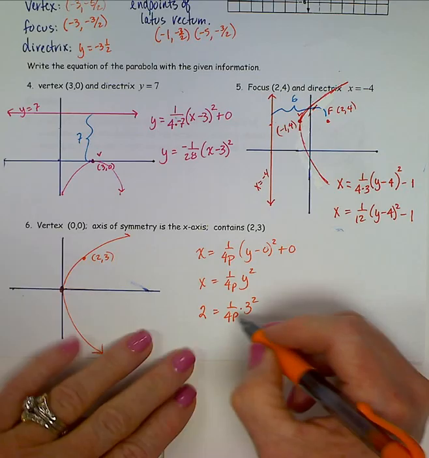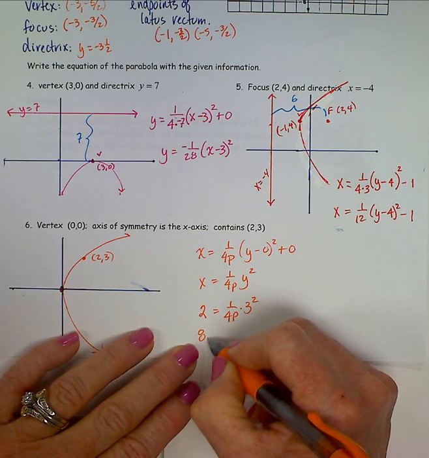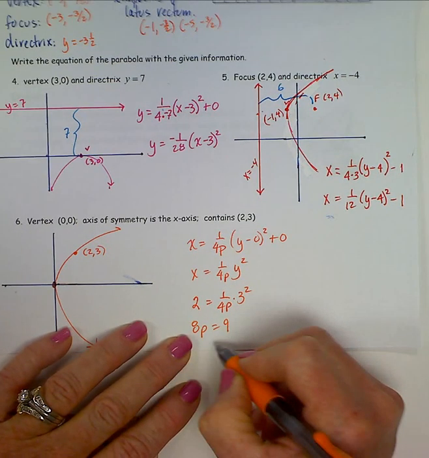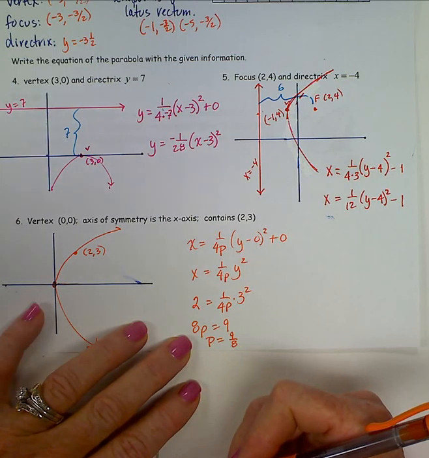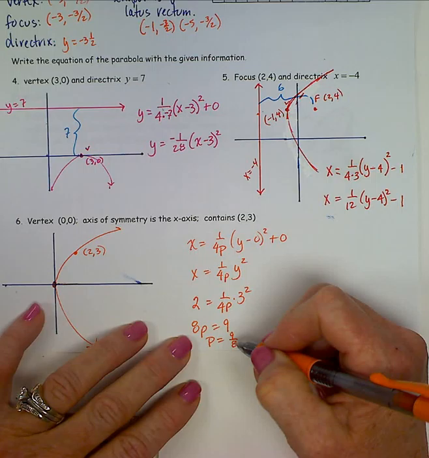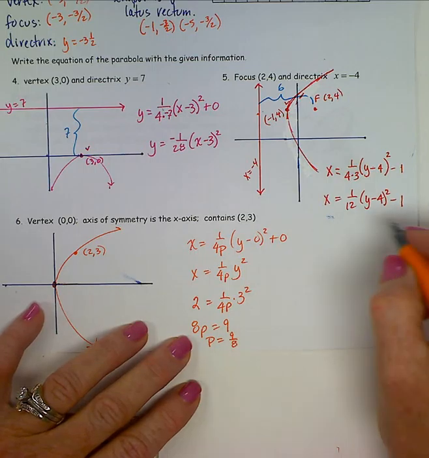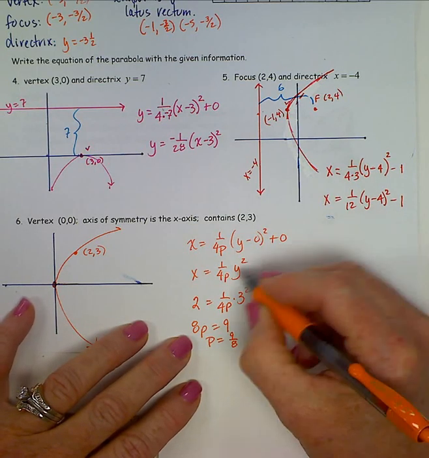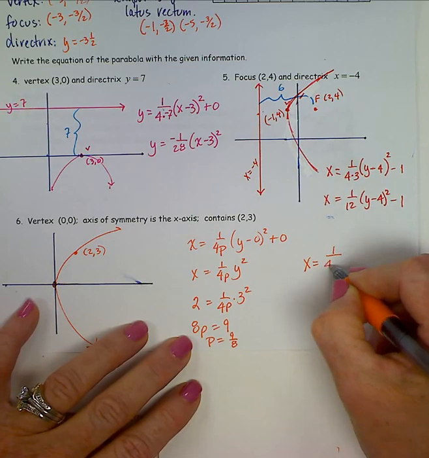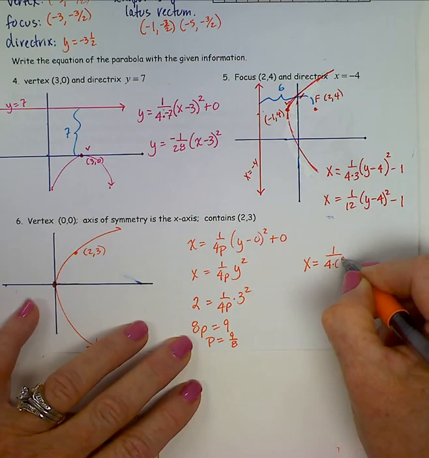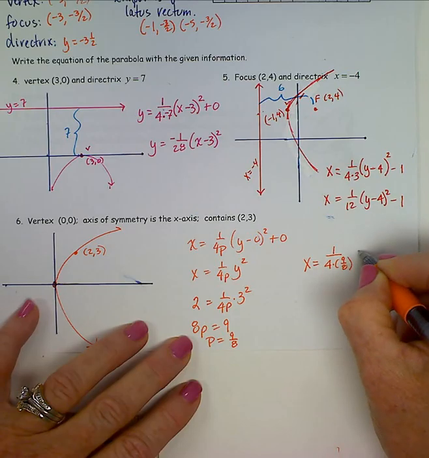I'm going to multiply by 4p to clear the fractions here. 8p is 9. p is 9/8. Awesome. Not done though, because we want to write the equation of that parabola. So plugging back in, x equals 1 over 4 times 9/8 times y squared.